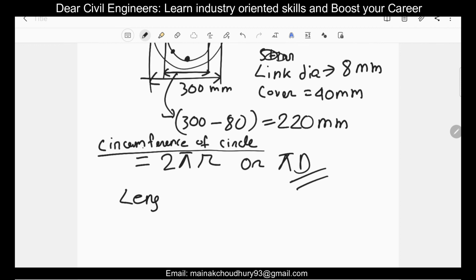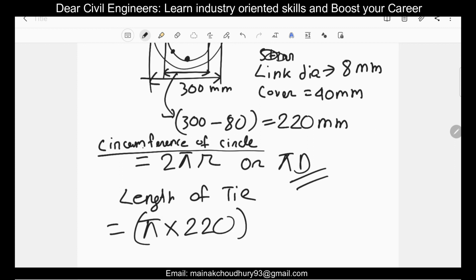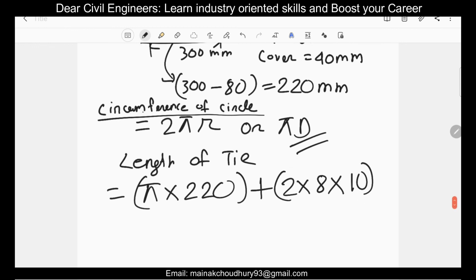So length of tie here will be pi into d, which is the diameter here. So it is 220 mm, and what will be the additions here? That is for the two hooks, 2 into 10d, so 8 into 10.